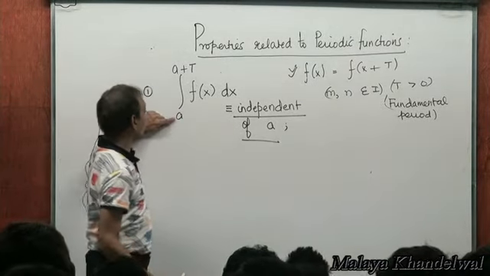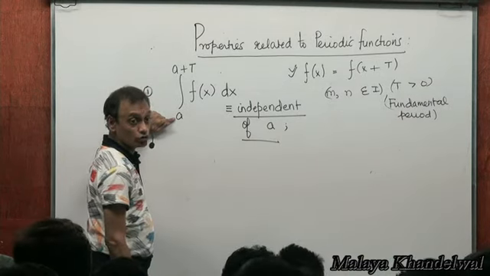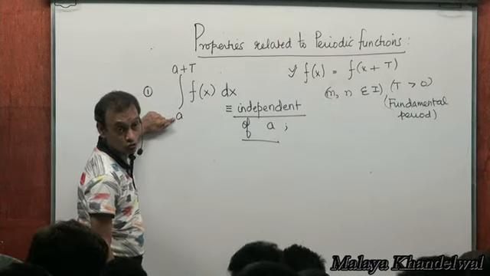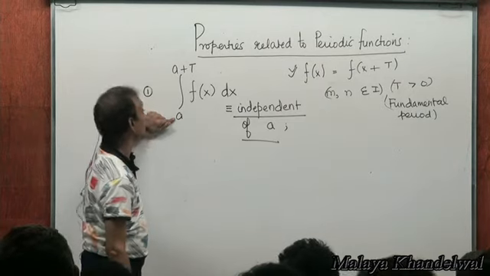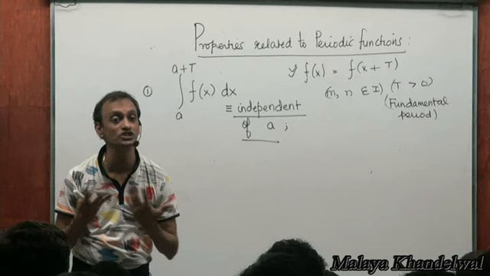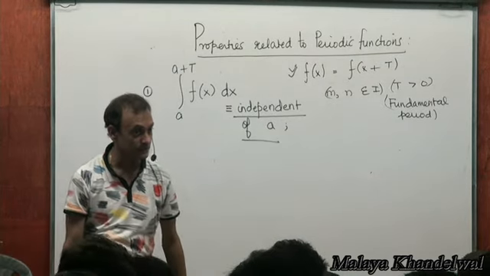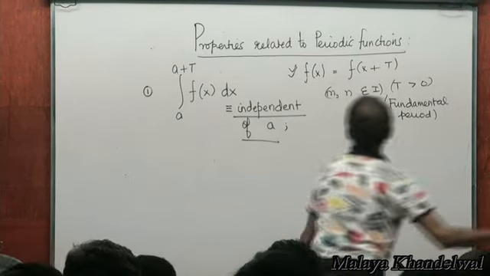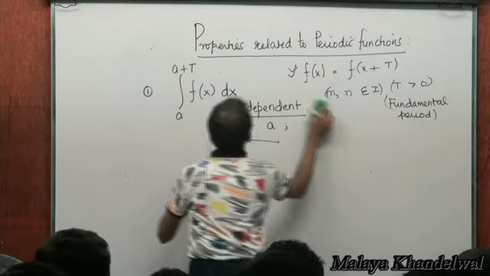That means whether you plug in a equal to 1 or a equal to 2 or a equal to root 2 or a equal to minus root 3 plus root 7, this will bear the same value if T is the periodicity of the function f(x). Right? Now see how it goes.